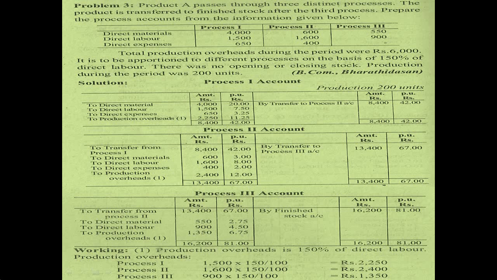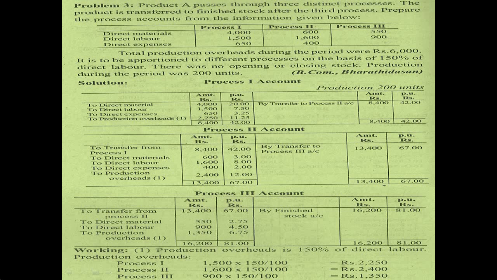Product A passes through 3 distinct processes. The product is transferred to finished stock after the third process. Prepare the process accounts from the information given below. Particulars: direct material, direct labor, direct expenses. Process 1: direct material 4,000, direct labor 1,500, direct expenses 650. For process 2, direct material 600, direct labor 1,600 and direct expenses 400.